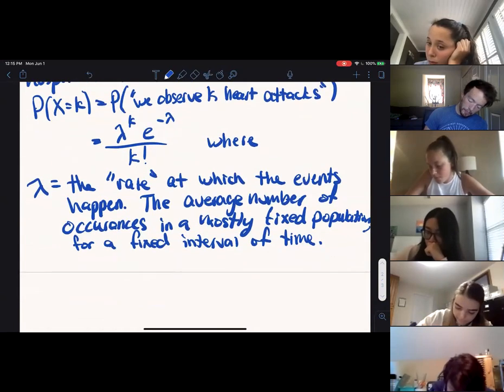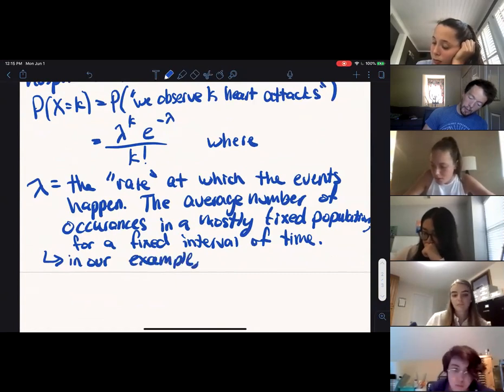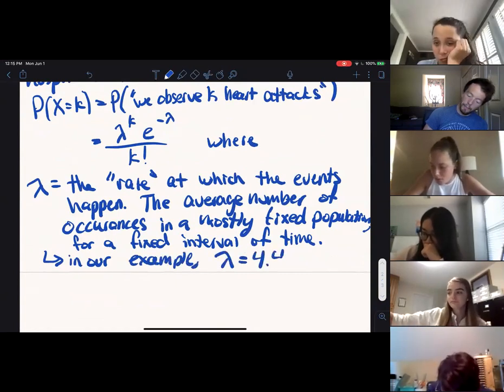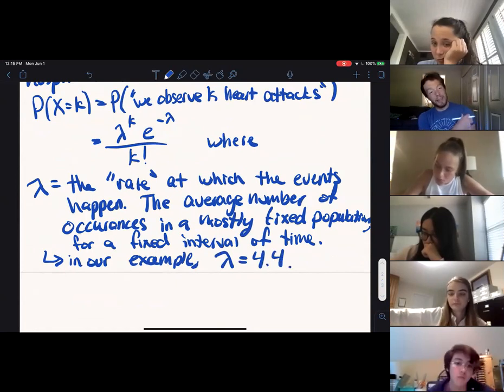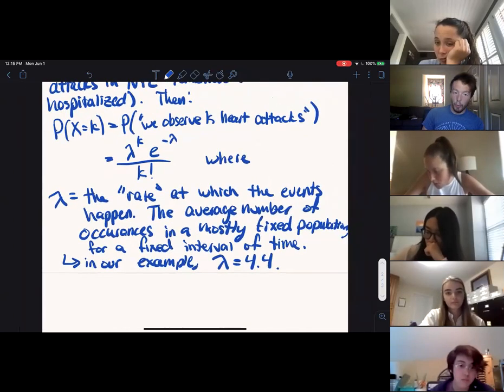So in our example, lambda is equal to 4.4. It is our best guess at the rate at which people have heart attacks. Every single day, they come at a rate of 4.4 per day.